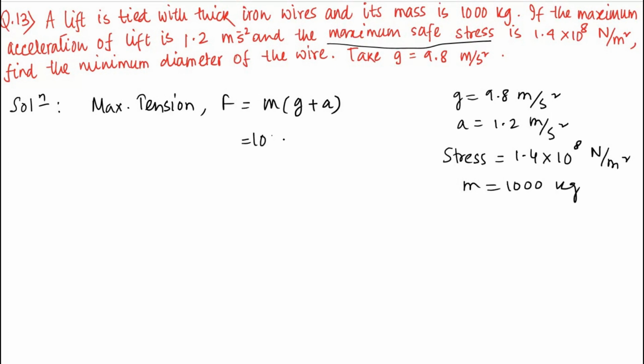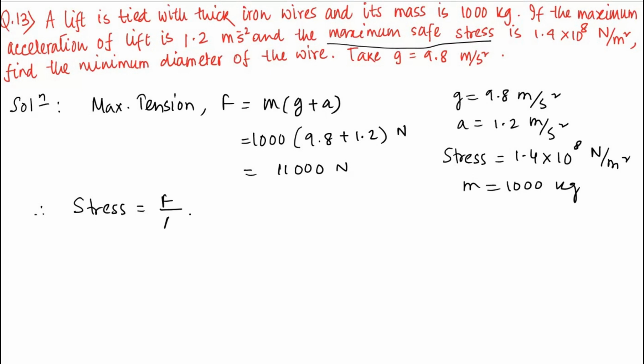So 1000 into (9.8 plus 1.2) Newton, and it would be 11,000 Newton.